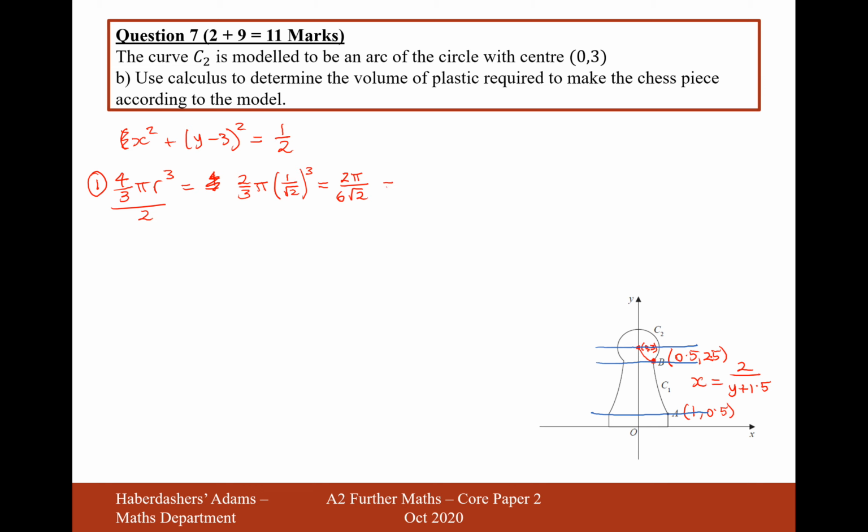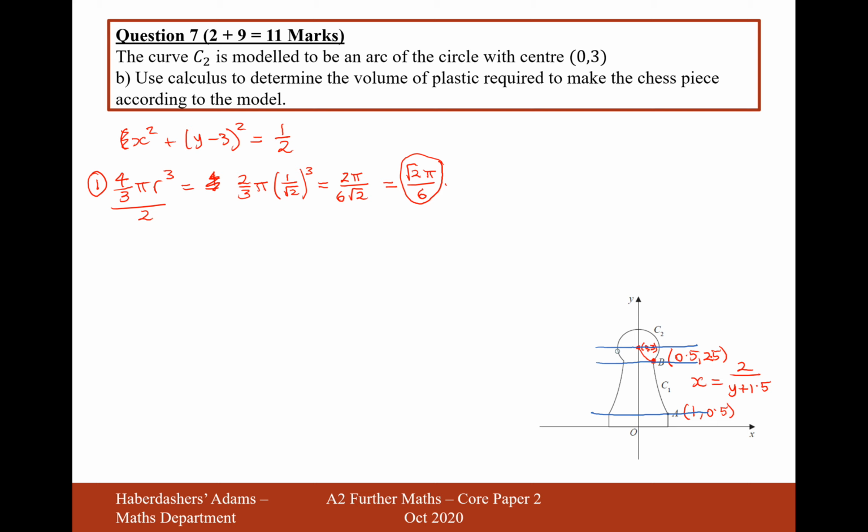But then we probably want to rationalise the denominator, so multiply top and bottom by root 2, but then that will cancel out 2 from the top and bottom, so it's root 2 pi over 6. Okay, so that's the volume of section 1.